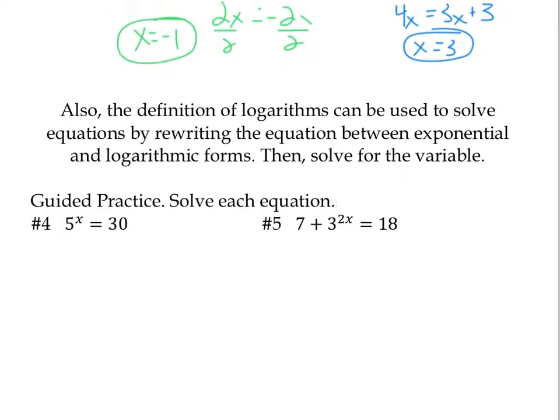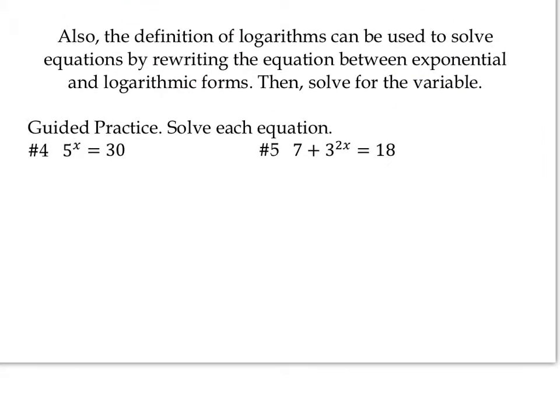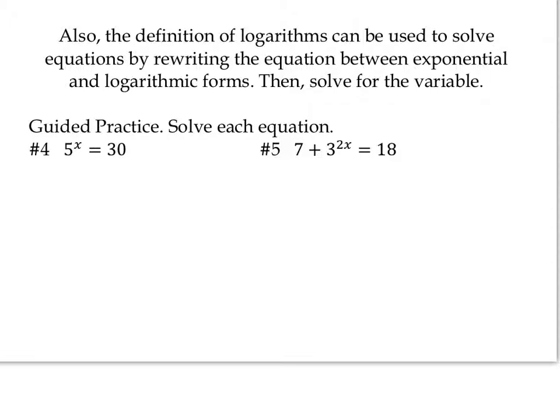Okay, as I mentioned at the beginning, we can also use the definition of logarithms and rewrite these exponentials as logarithms to help us out as well. So in this first example, 5 to the x power equals 30. If we write that as a logarithm, it would be log base 5 of 30 equals x. Now you're saying, well, that doesn't help me out because with log base 5 of 30, what am I supposed to do with that?